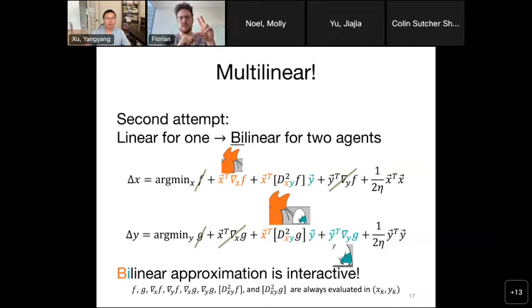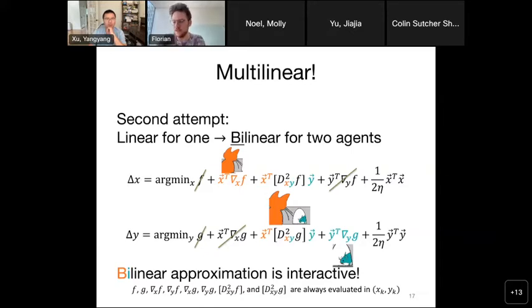Simultaneously, the x player has to choose an x, and the y player has to choose a y. x wants the top equation to be as small as possible, and y wants the bottom equation to be as small as possible. But for the top one, do you assume y is unknown or known? That's exactly the thing: y is unknown. Right.